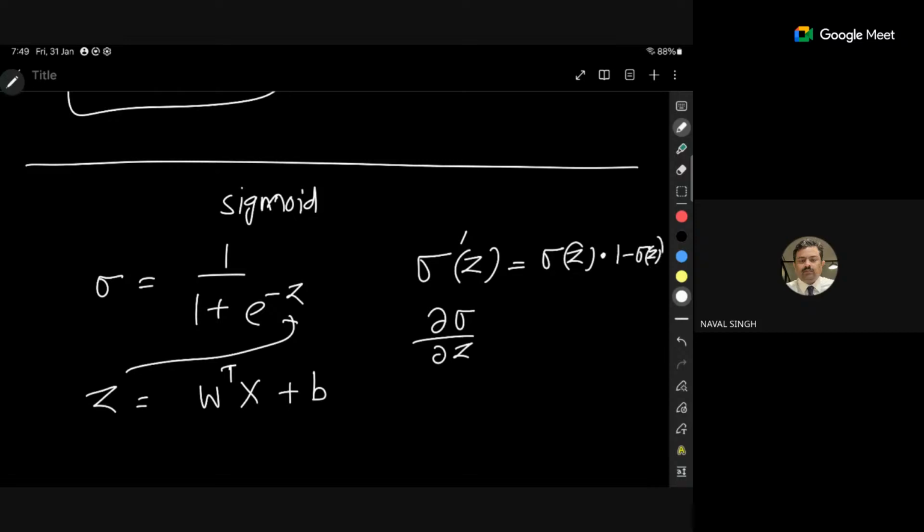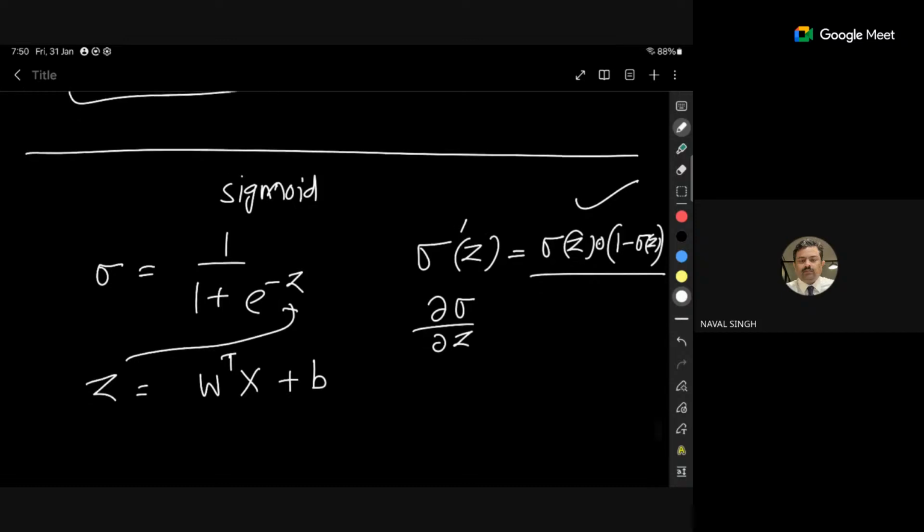Okay, so this part is clear, right? That how this formula is coming. If not, I would say you can refer to the lecture, but this is very easy. So the derivative of this is this and this, element-wise multiplication. We are going to use this also for our problem.